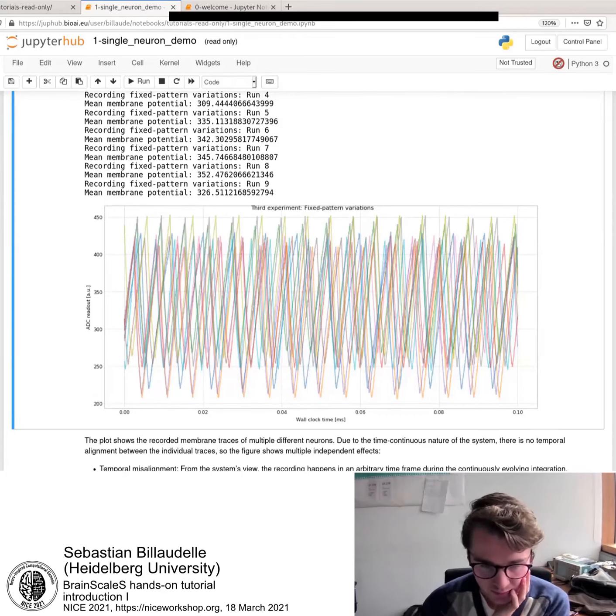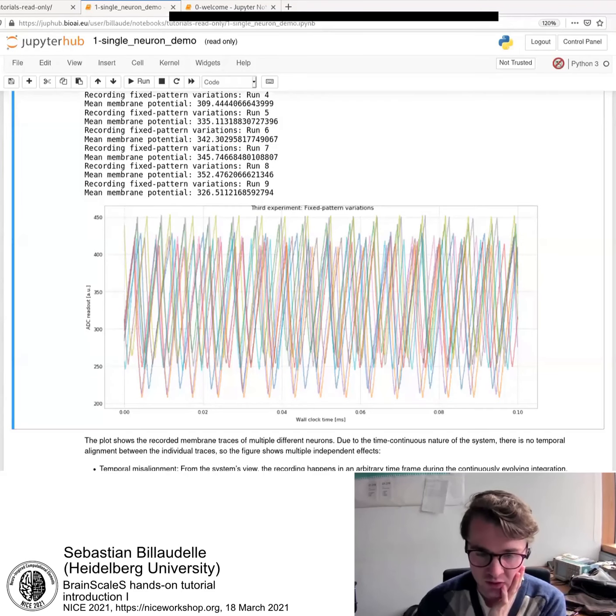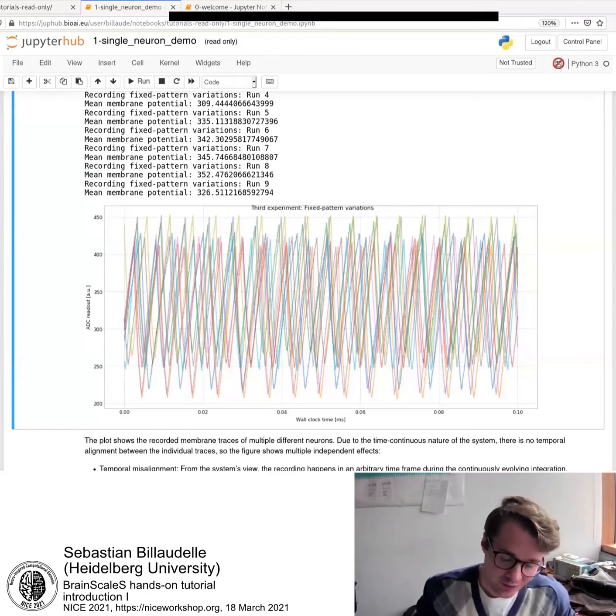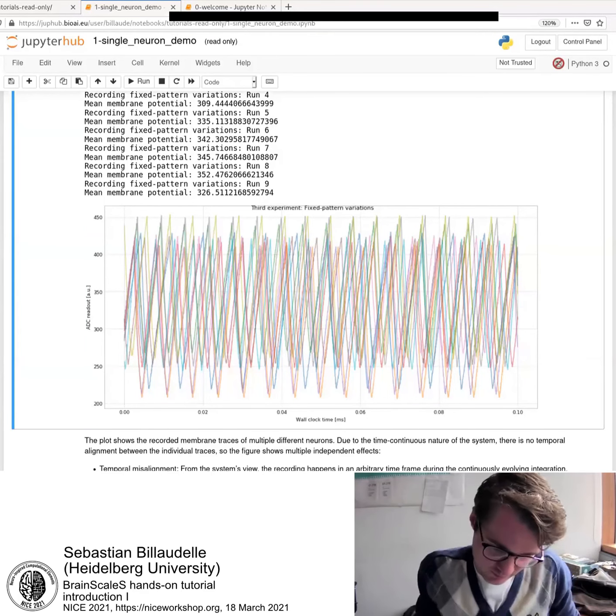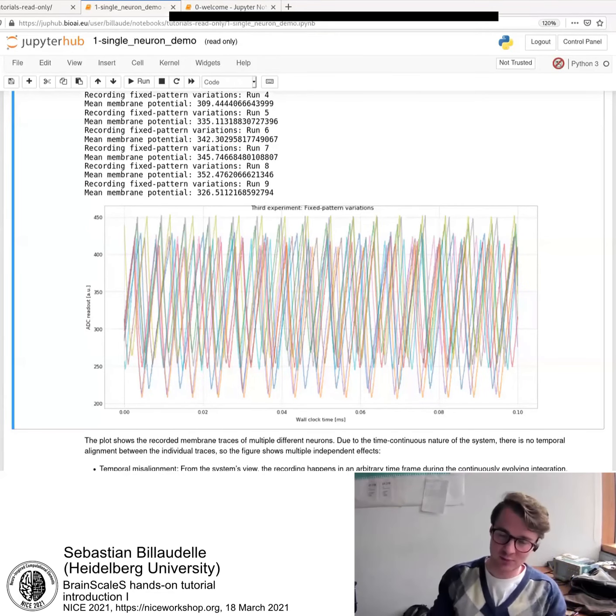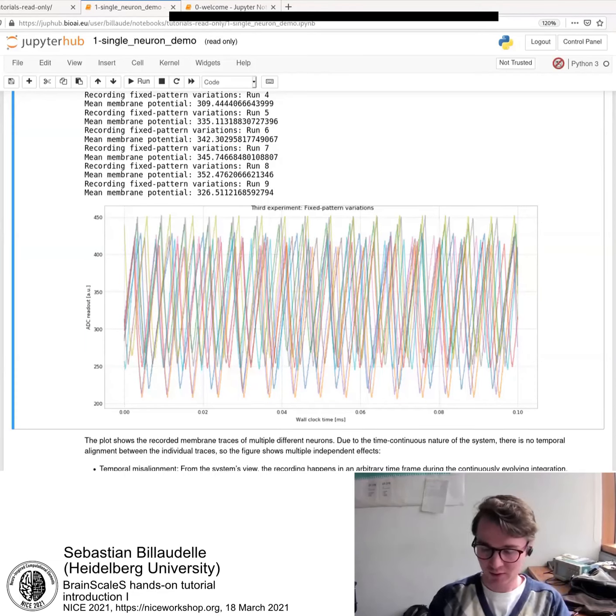There's one by Henrik Mettler. The question reads, since the ADC readout is in arbitrary units, how do you distinguish whether something is a spike or noise? That's a good question. I mean, the ADC readout per se is in arbitrary units. That doesn't mean that we don't have a translation between these units and the actual voltages. We just didn't set it up here because it involves some more measurements.